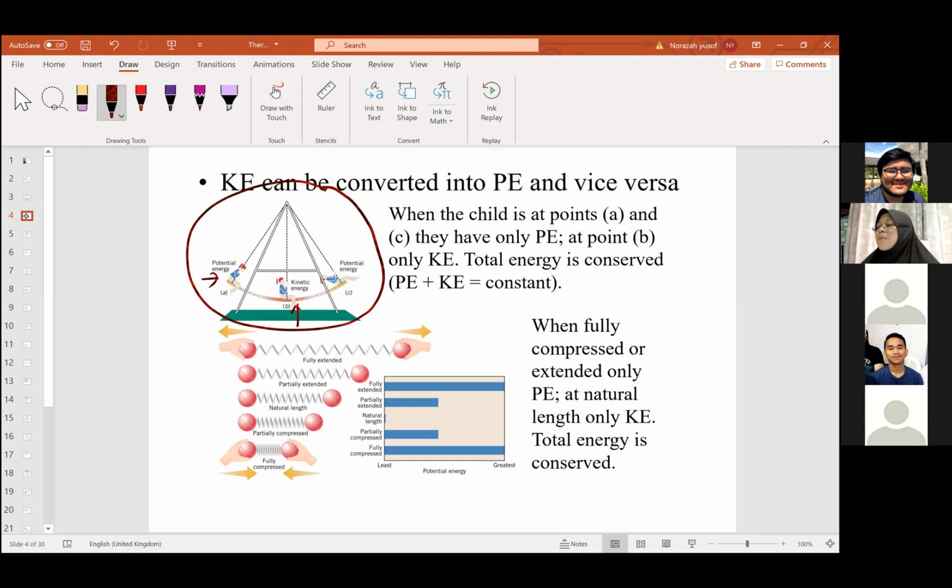Another familiar example is the spring: fully extended, partially extended, and then fully compressed.